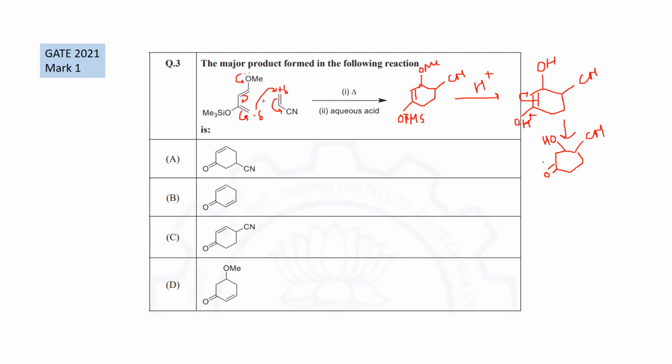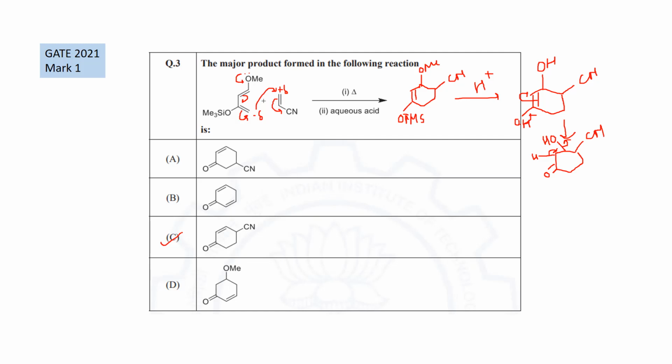Now as these alpha hydrogens are acidic, being adjacent to the carbonyl group, this will come here and undergo hydrolysis, giving us C as our product. Understood?